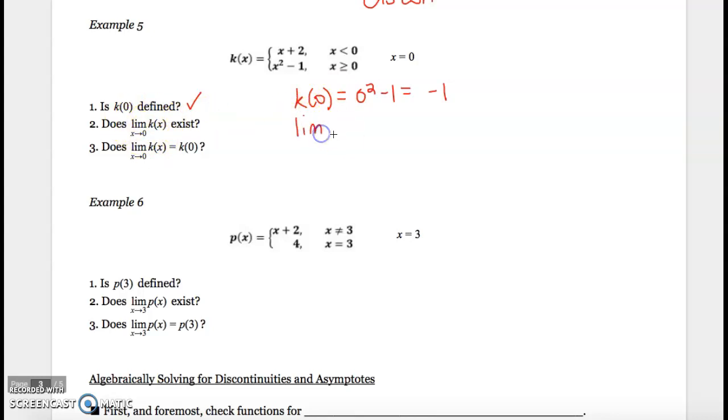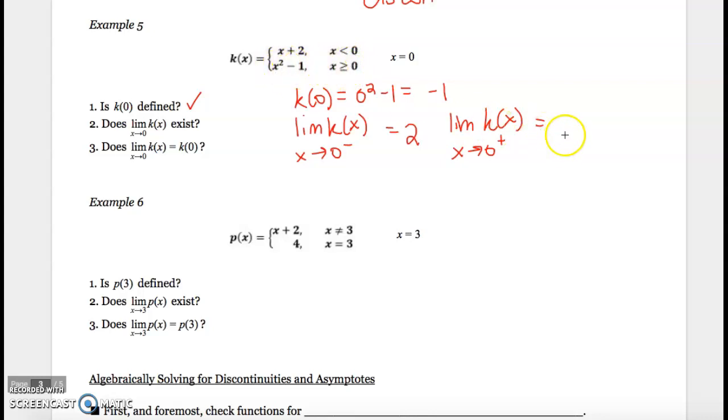Next, I'm going to see if my limit exists. With a piecewise function, we should be thinking left-hand limits and right-hand limits. My left-hand limit would be if I plugged 0 into the top function, because I'd be approaching 0 from values less than 0. If I plug 0 in there, I get 2. My right-hand limit would be if I plugged it into the bottom piece, because that would be for values greater than 0, but very close to 0.